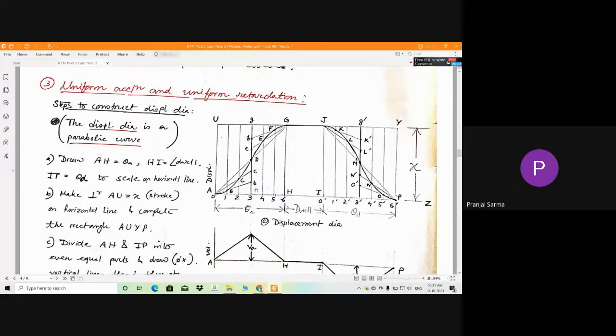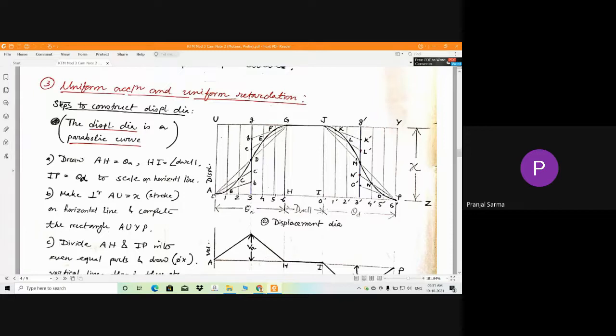After that, we consider the middle vertical line, and if we have made 6 divisions here, vertically we also have to mark 6 equally spaced divisions, like B, C, D, E, F, G, as you can see. Now, how to locate the points and draw the curve.